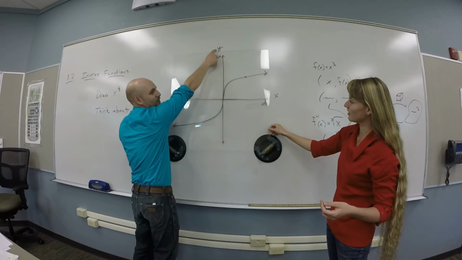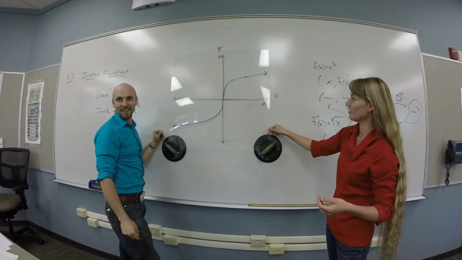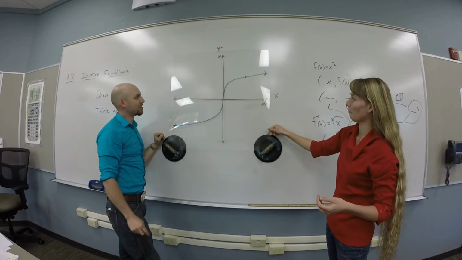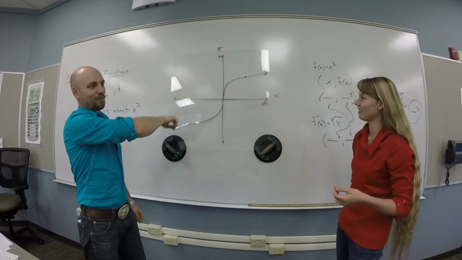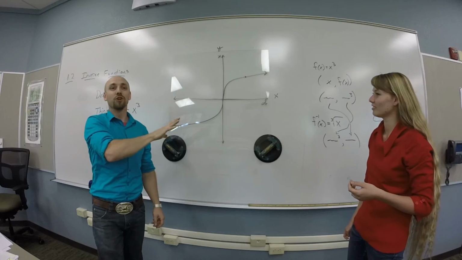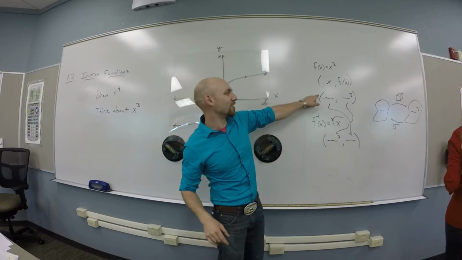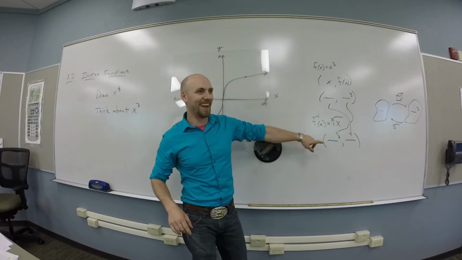The x's are now y's, and the y's are now x's. Oh, that's it? So, do you see that this is the graph of the cube root of x? This is true for functions and their inverses, right? Because functions and their inverses are always related this way.